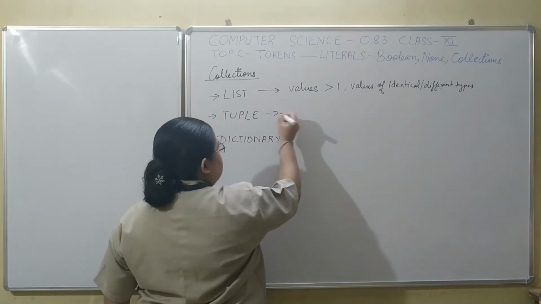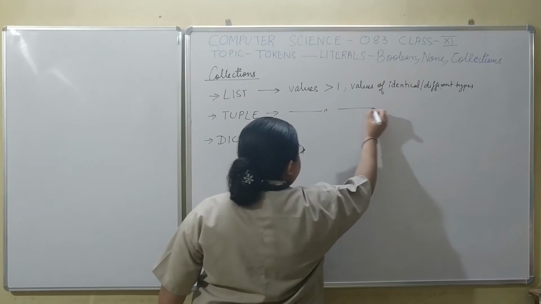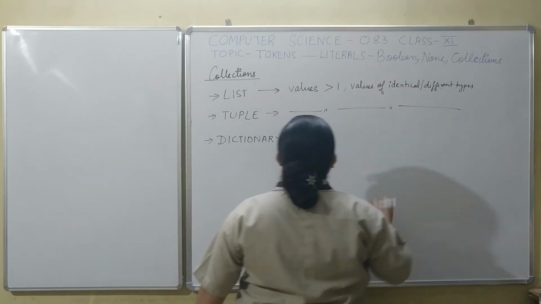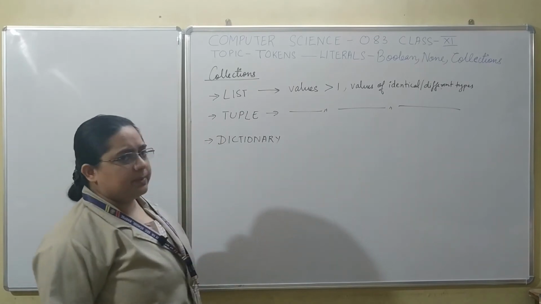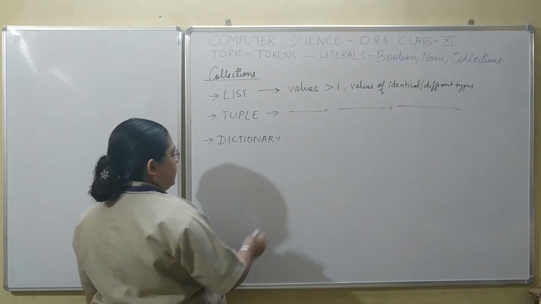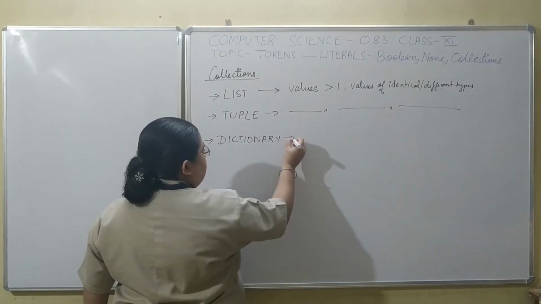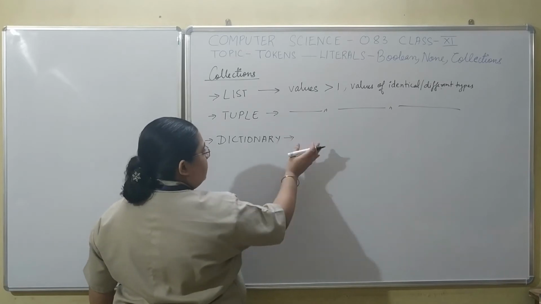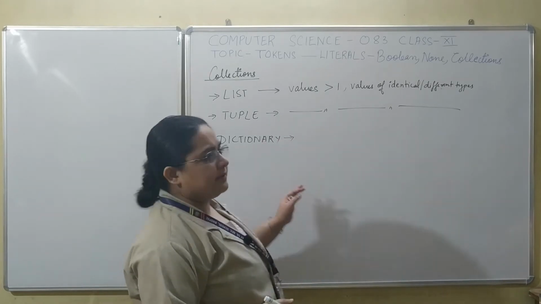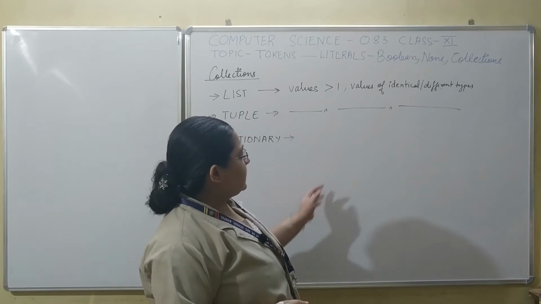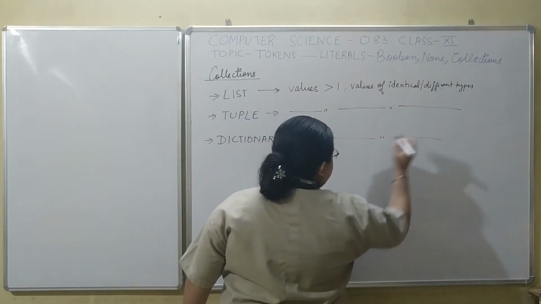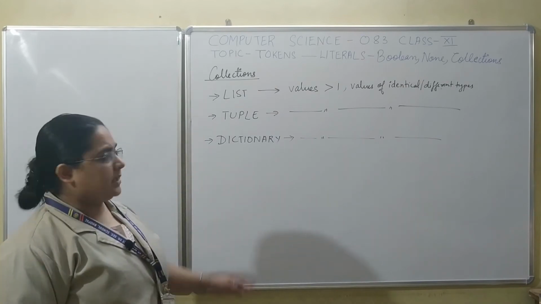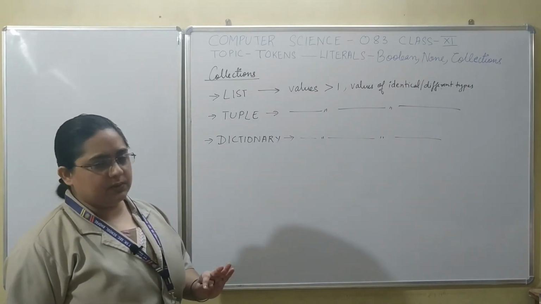Tuples are also the same thing, but there is some amount of difference between list and tuples, and that difference we would be seeing a little later. And dictionaries are also a collection of more than one value, and there also we can store values of identical or different types. But again, they have a different way of storing those values.